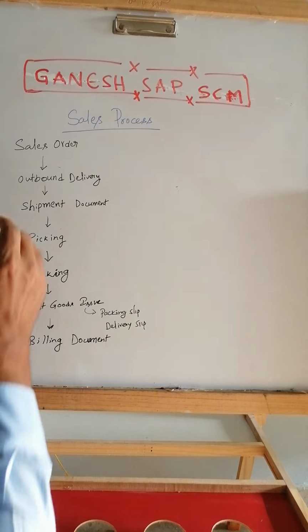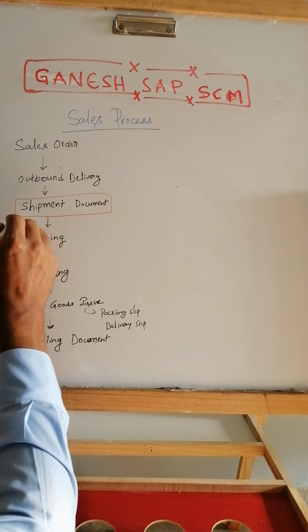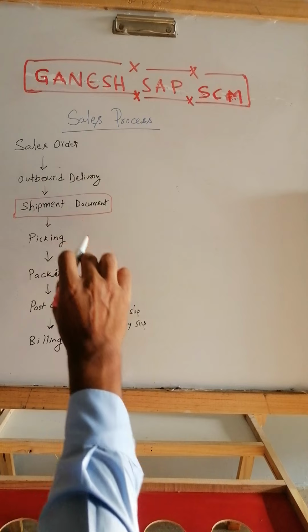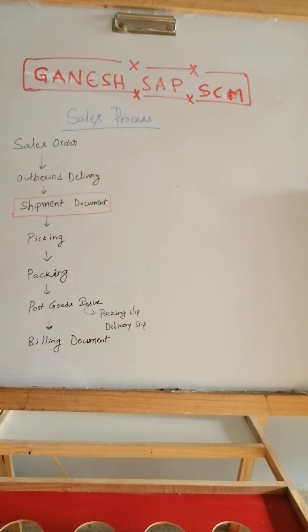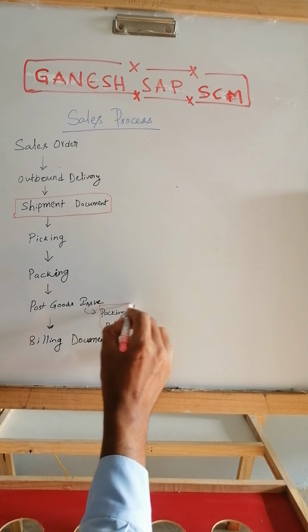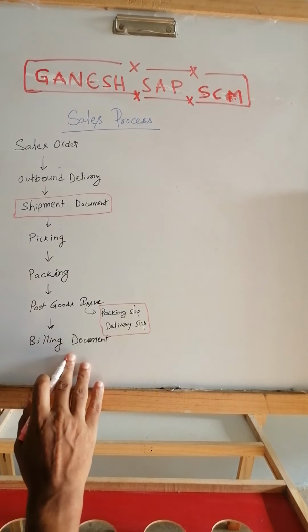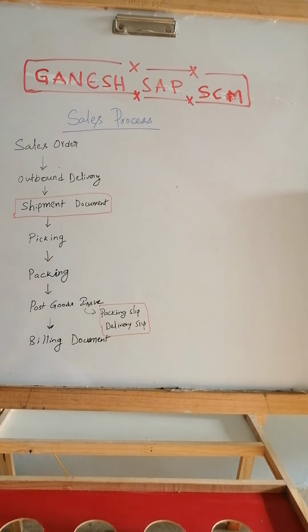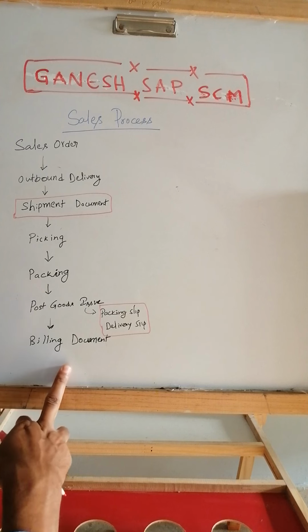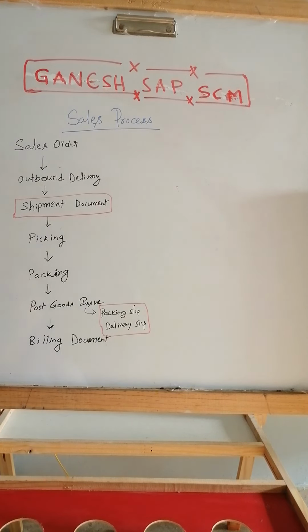The shipment document is not mandatory, it's optional. Like I mentioned, a few companies use it to combine the outbound deliveries related to the same customer. The packing slip or delivery slip is printed based on the requirement. The billing document is mostly automatic: once the post goods issue is done, the system can automatically create the billing document based on a background job or other settings.